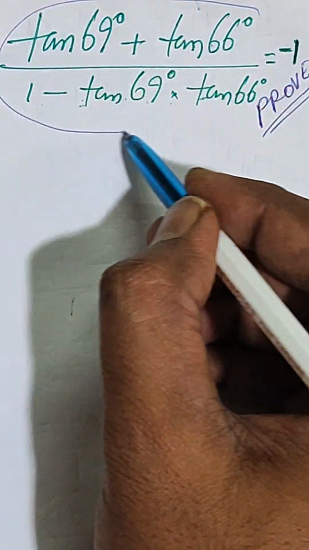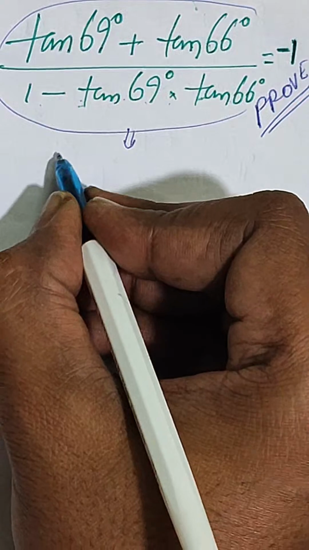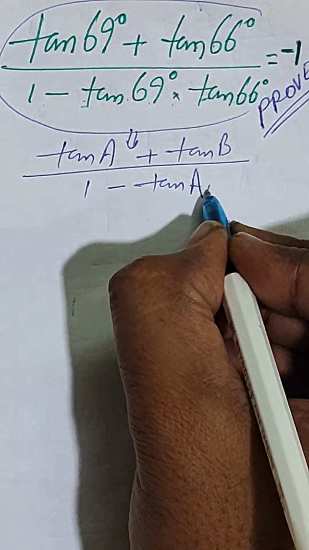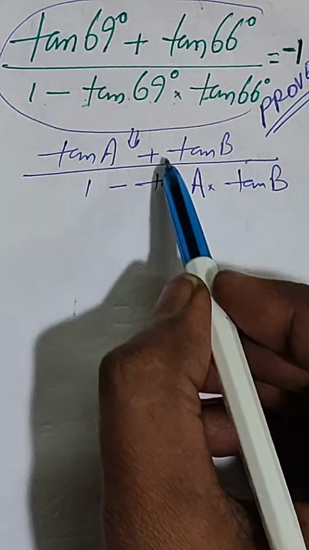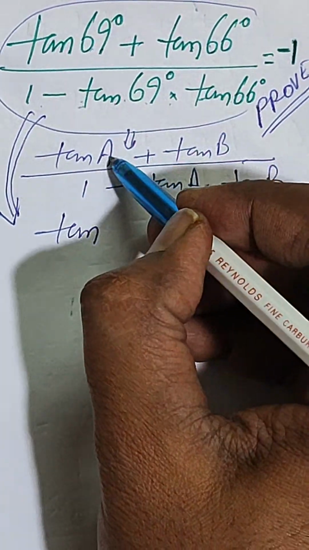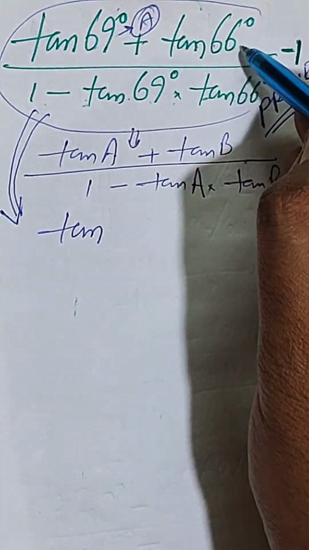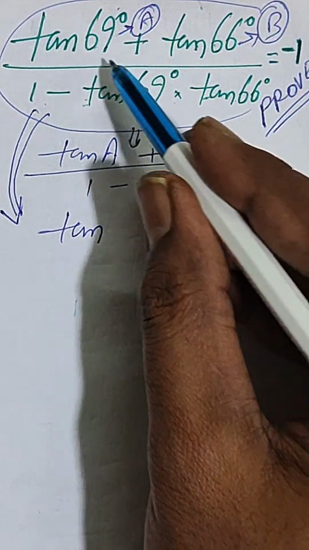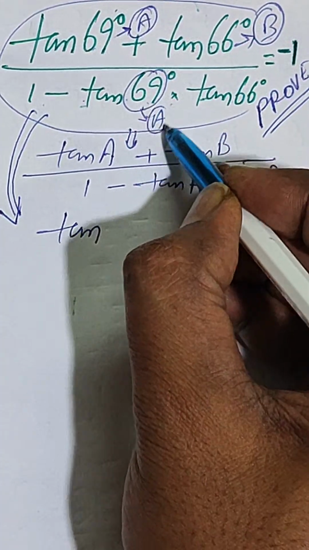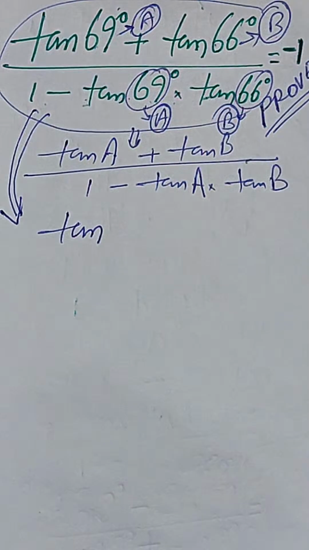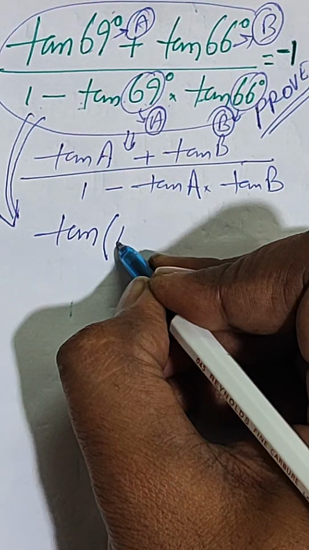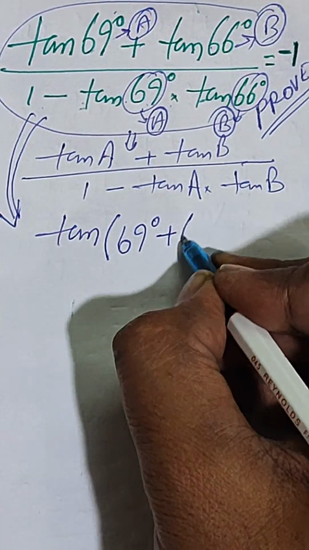This entire LHS is in the form of tan A plus tan B divided by 1 minus tan A tan B. So we can write the above LHS as tan(A + B), because 69 is A, 66 is B. This is directly fitting the formula, and in this way we can write tan of A plus B.